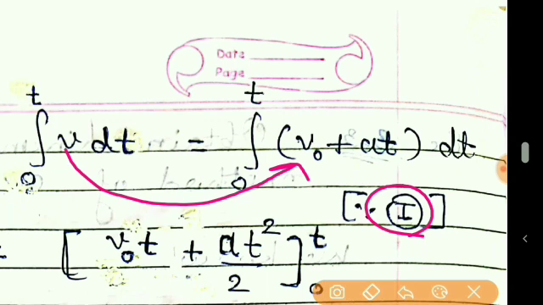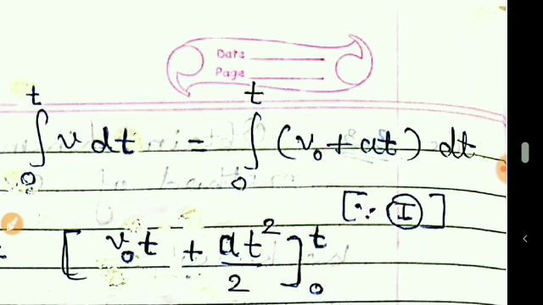Now v naught, the initial velocity, is constant. So integration of constant. Students, once again look here. First we'll integrate v naught, then the integration of at.